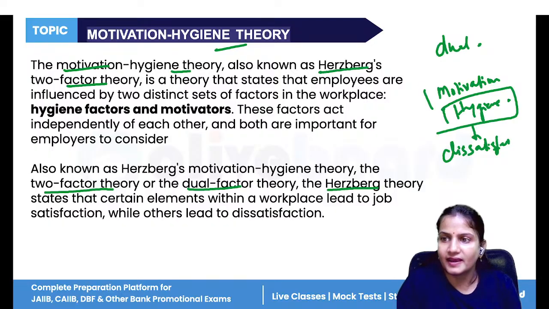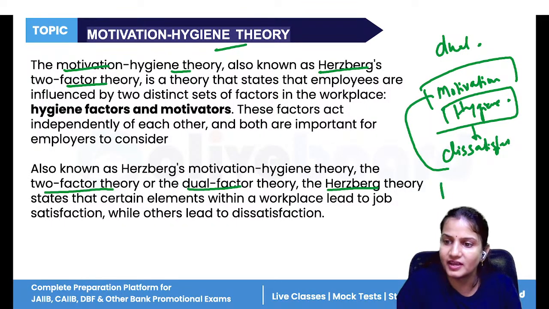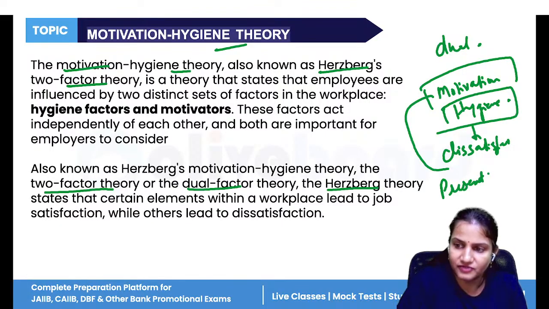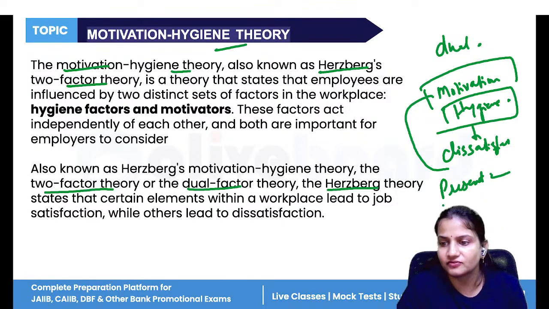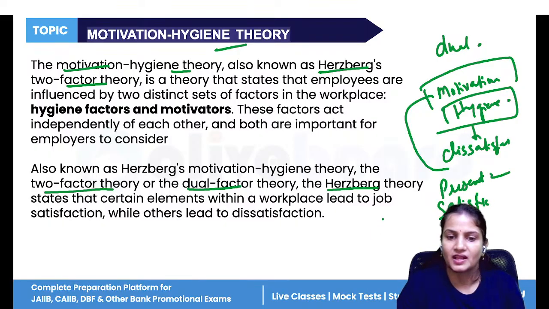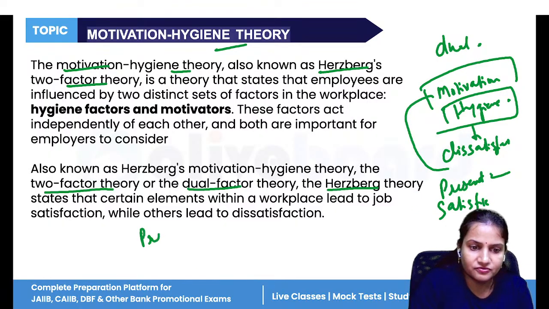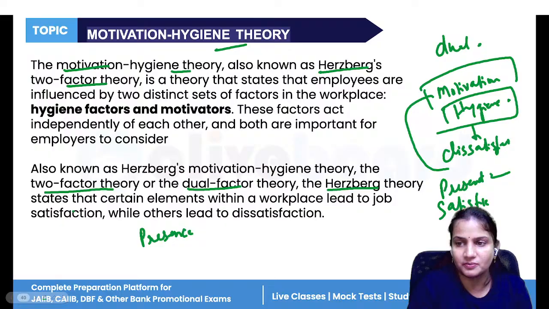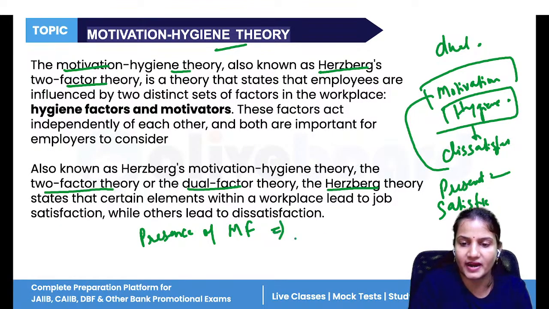Again, the second thing, Herzberg has said that if motivation factors are present in the company, they will satisfy the employee. They will give satisfaction. See, the line which I am writing is very important. Presence of motivation factors will provide satisfaction.